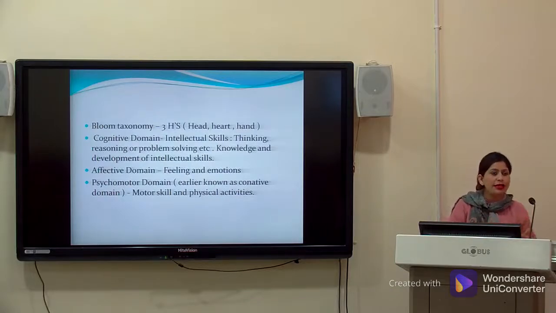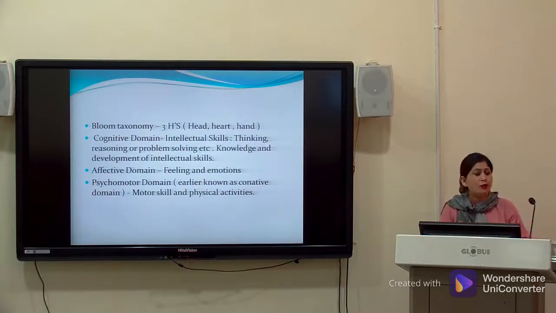So the cognitive domain is involved, the affective domain is involved, and the third is the psychomotor domain, which was earlier called a cognitive domain. In this type of domain, the physical and motor skill abilities are involved. Those are activities when we learn with the help of our motor abilities, not only our head. Whenever we learn, not only our cognition, our mind, is involved, but our emotions are involved.